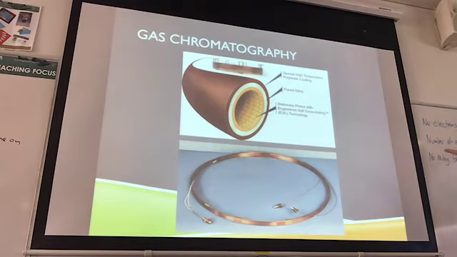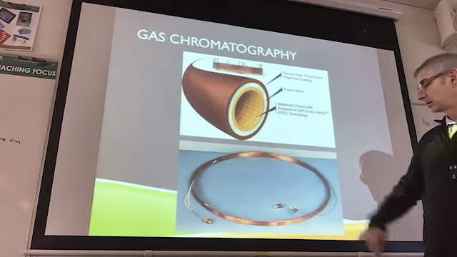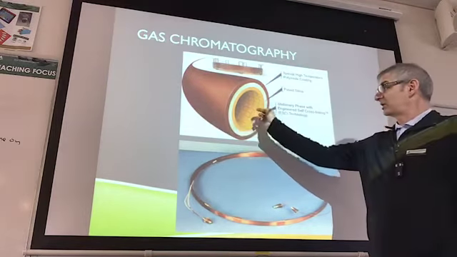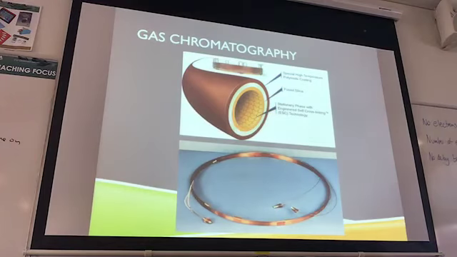And these coils can be anywhere from 1.5 to 10 metres long, so they're coiled up so as not to take up much space. So this is kind of a cross-section of the tube that the sample will go through in gas chromatography.